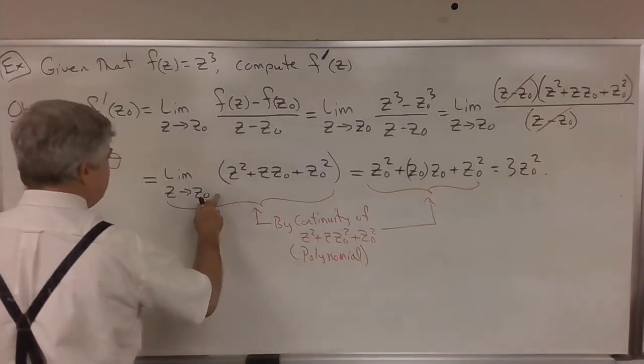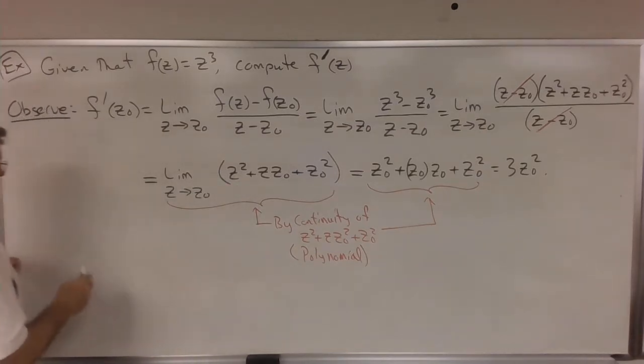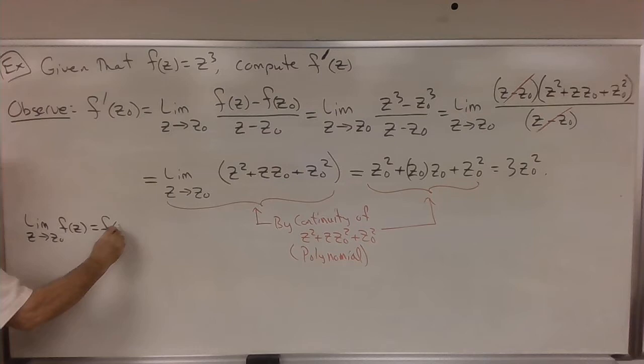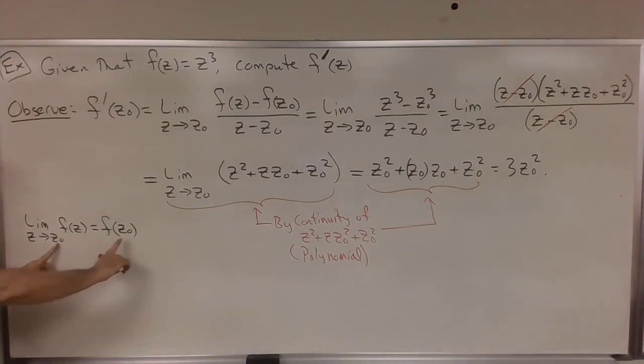Now let's see, why can we compute a limit by plugging in the value that it approaches if the function is continuous? Well, if f is continuous, then the limit as z approaches z naught of f of z is equal to f evaluated at z naught. This is the definition of continuous at the point z naught: that in order to compute the limit of this function, we can plug in the value that z is approaching.